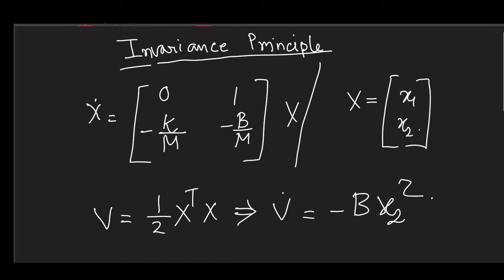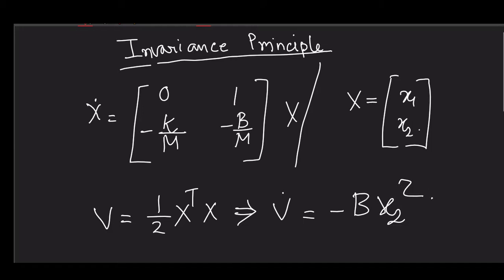Now the idea we can draw from here is that we can consider a domain around the origin where we can find a Lyapunov function whose derivative along the system trajectories is negative semi-definite.